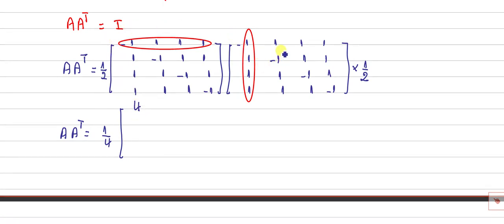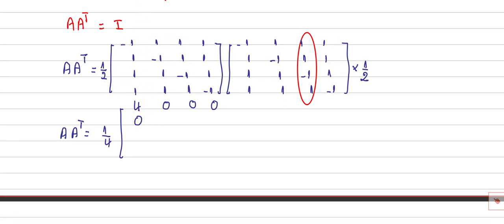This one is minus 1, minus 1, plus 1, plus 1, which is 0. And the next with row 3: minus 1 plus 1 is 0, minus 1 plus 1 is 0. So I just write 0.